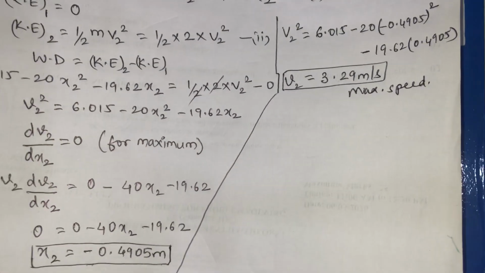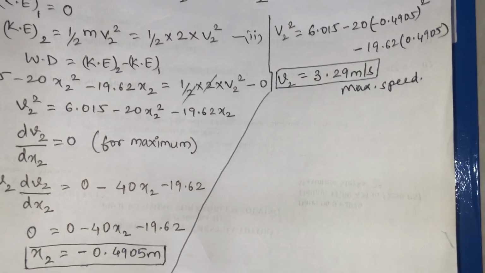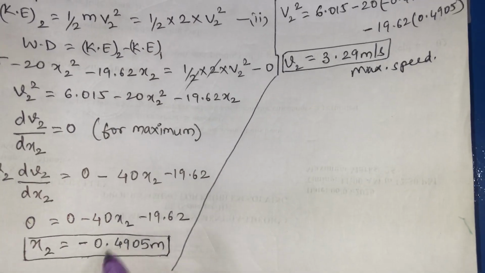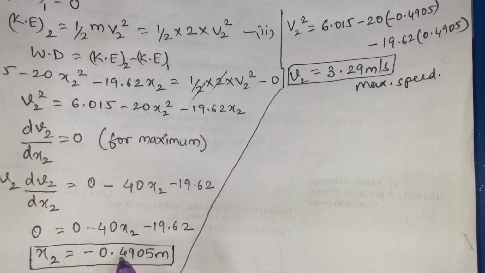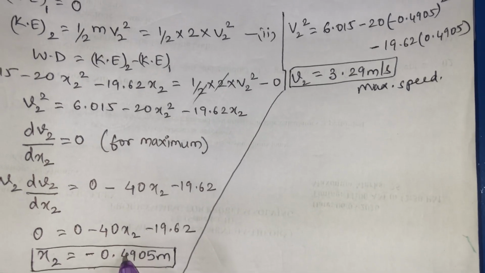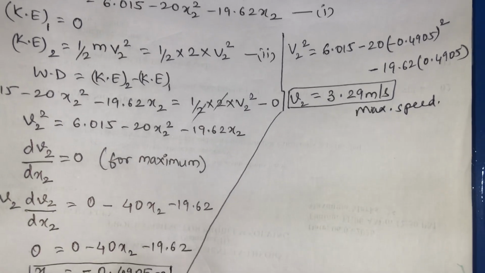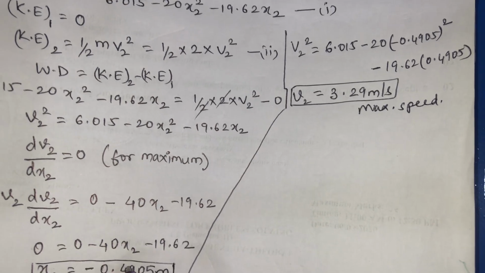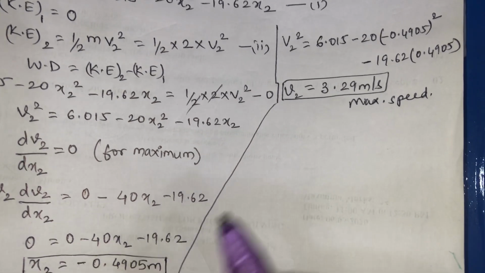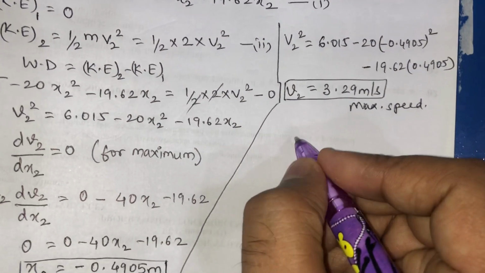Now I have to find out the maximum height. This is not the maximum height we are talking about, it is the reachability distance for the spring along with the block. We need the maximum height it is reaching from the deformation point.